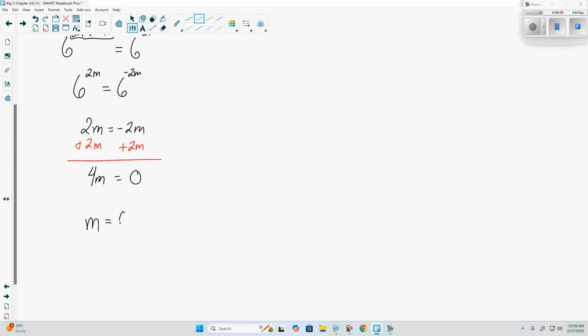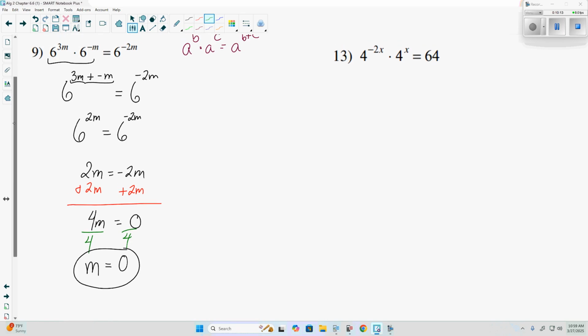Well, m has to be 0. The other way we could have done this is just divide both sides by 4. 4m divided by 4 is m, and 0 divided by 4 is 0. Questions on this here?